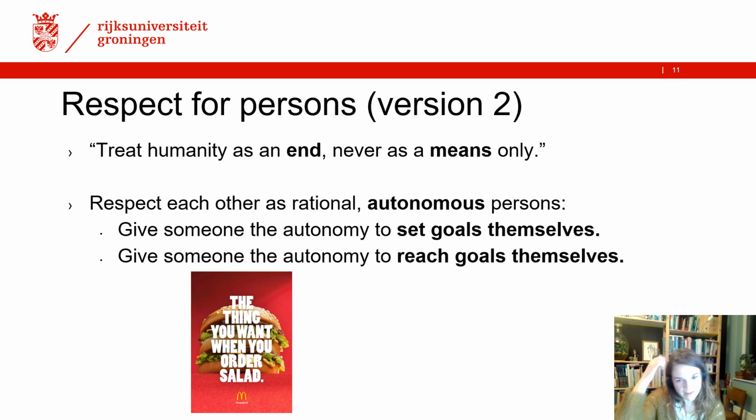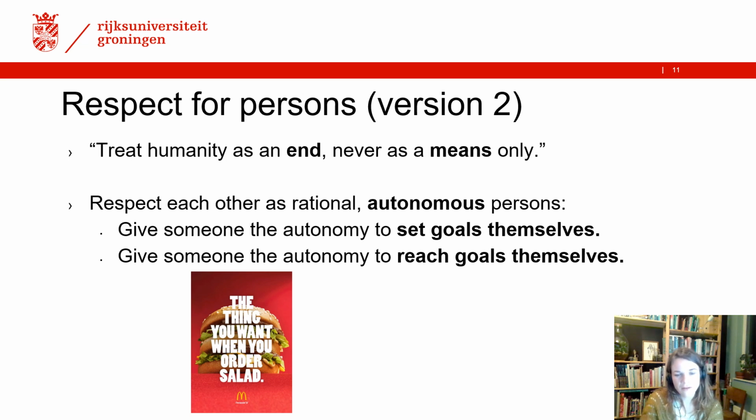In the example here on the slide, it reads, the thing you want when you order salad. It almost tells us that we are mistaken about our own goals. You probably choose a salad because you like it. And McDonald's tells us, well, actually, I know what you want, and this is not a salad. So it tries in a way to set goals for us.